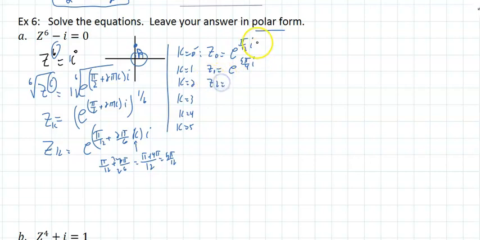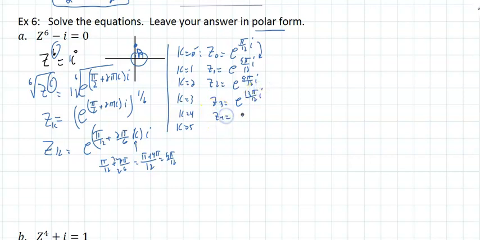Z sub 2 equals, so what did you do? You added, where did the 4 come from? Over 12. So I added 4, add another 4. You could reduce, but since I'm going to graph it, add another 4, that is 13 pi over 12 i.